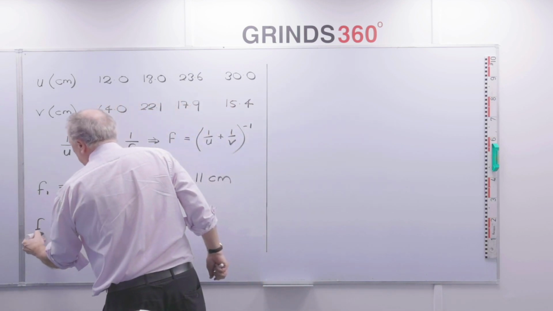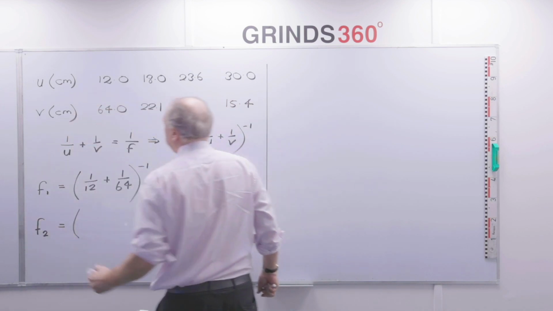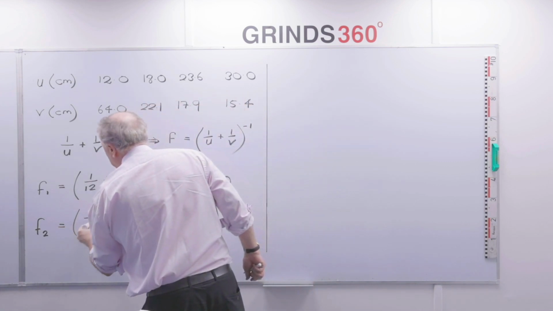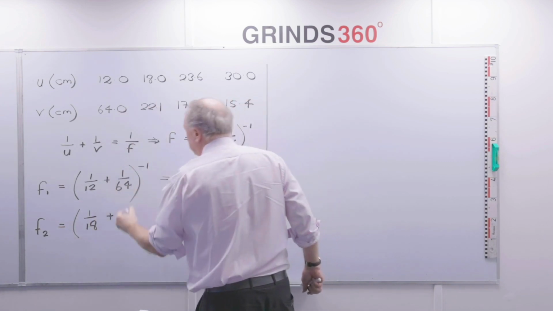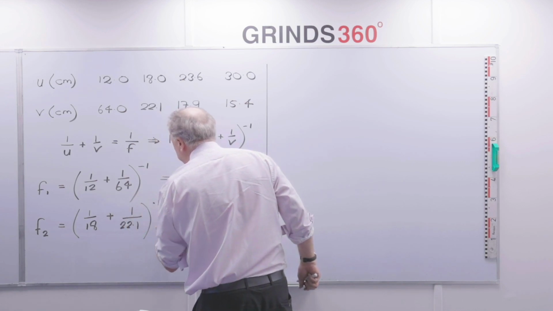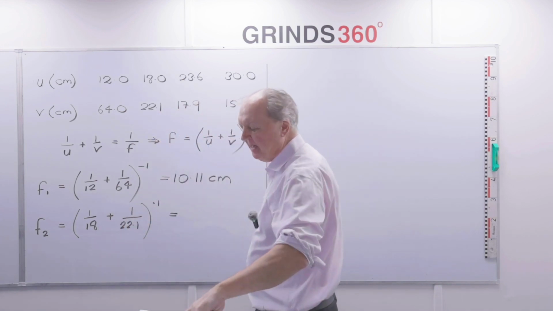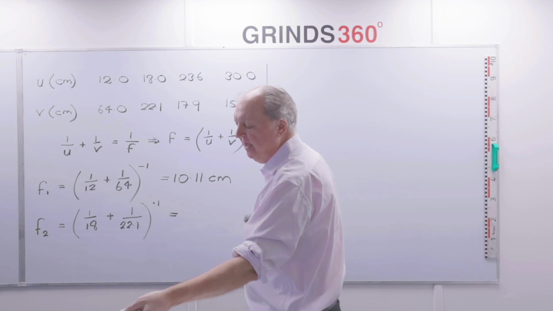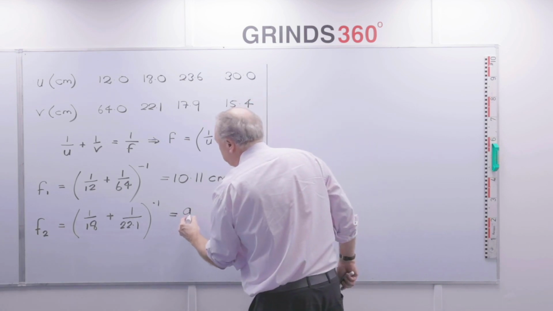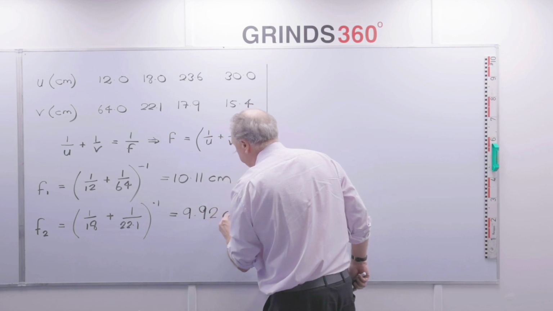So find your value of f2. 1 over u, 1 over 18, plus 1 over v, 1 over 22.1, to the power of minus 1. I'm going to put that into my calculator. I'm not going to show you how to do that one. I've got the answers here. I get 9.92. You do them with me.